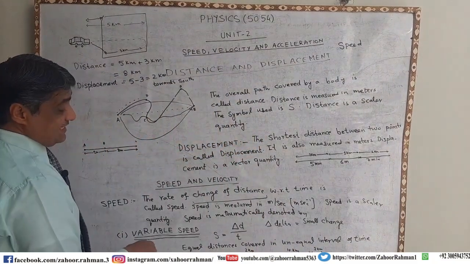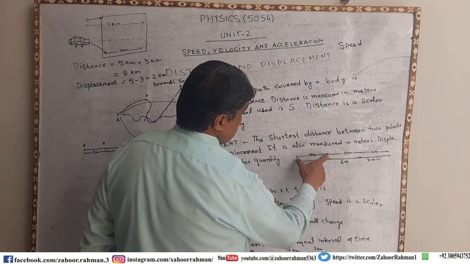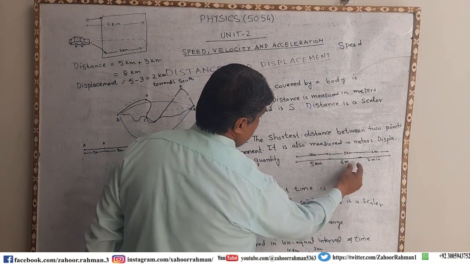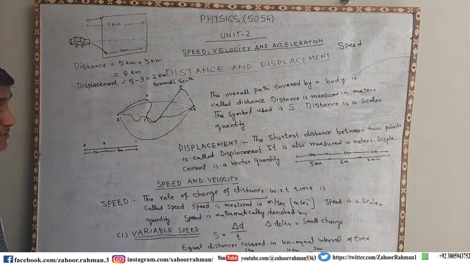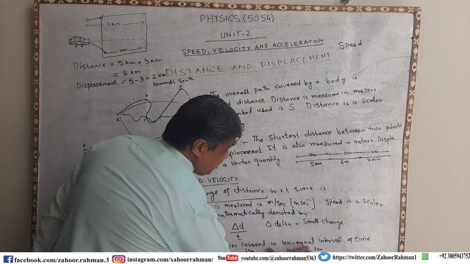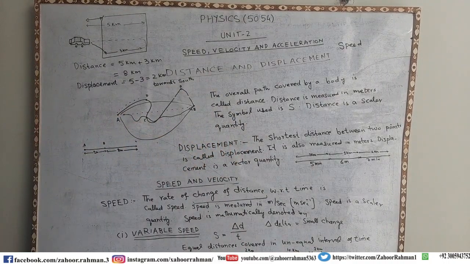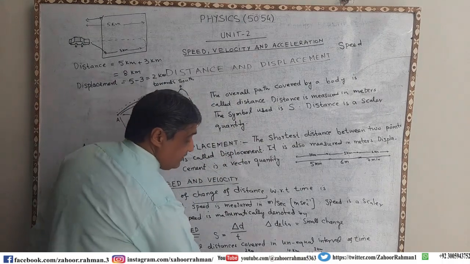So this concept of equal distances in unequal time can also be written as, if unequal distances are covered in equal interval of time, the time interval is the same.